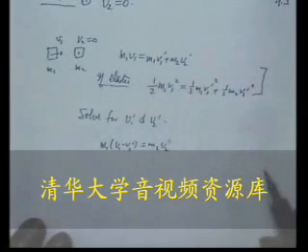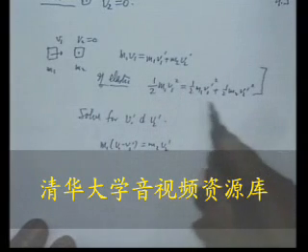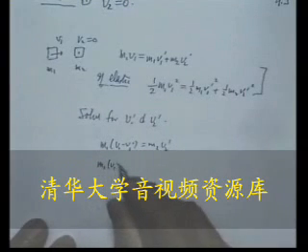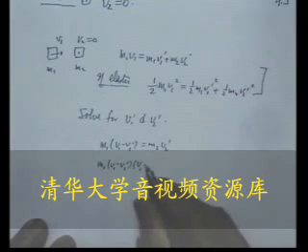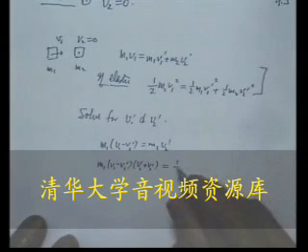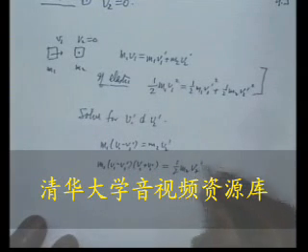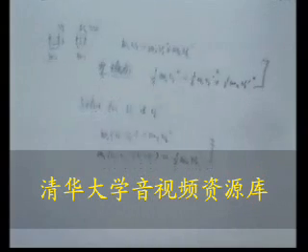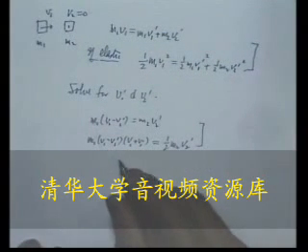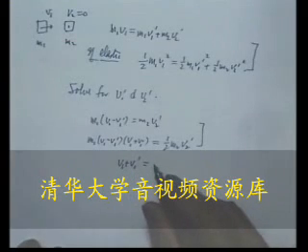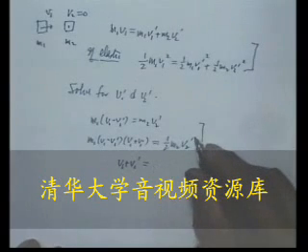I first move the momentum equation into this form, and I move this part over, and I get M1 times (V1 minus V1 prime) times (V1 plus V1 prime) is equal to 1/2 M2 V2 prime squared. I merely rewrote these two equations. But now this is very convenient because I can divide the two. If I divide the two, I get V1 plus V1 prime is equal to V2 prime.